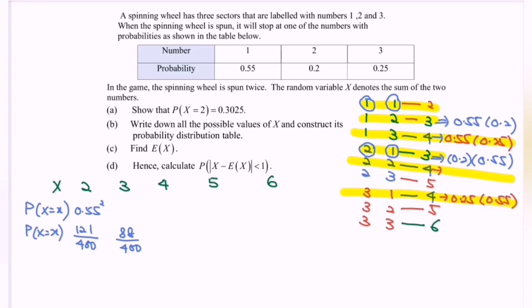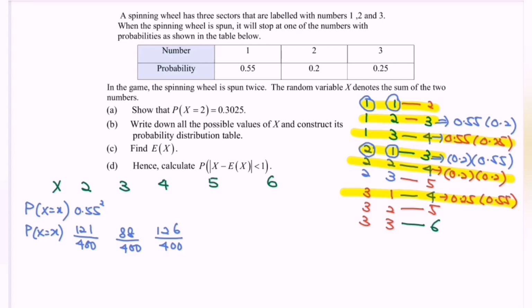Next, for this case, we have 0.2 multiplied with 0.2. So we sum up the situation: 0.55 multiplied with 0.25, plus 0.2 squared, plus 0.25 times 0.55. If we sum up, we will have 126 over 400. That is the case for number 4.